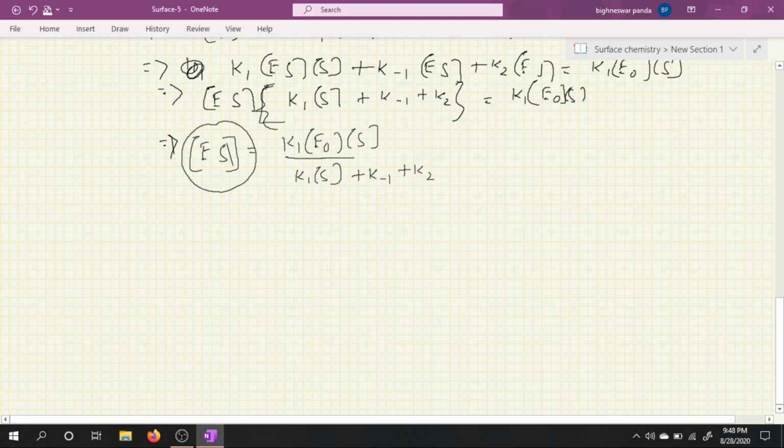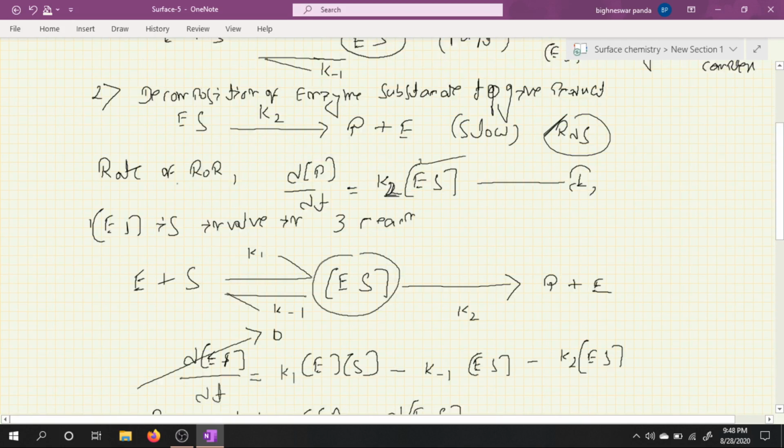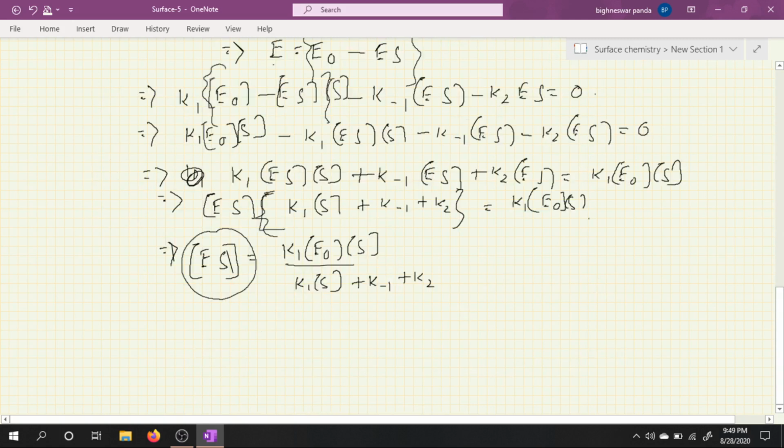So our rate of reaction will be equal to K2 into ES. In terms of ES, I can put the value.